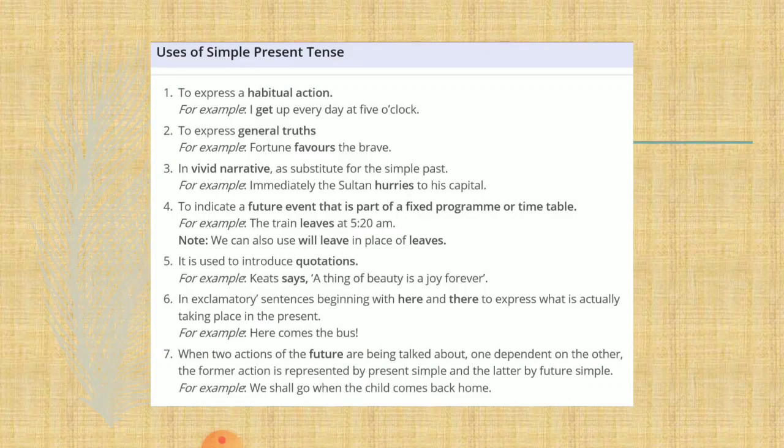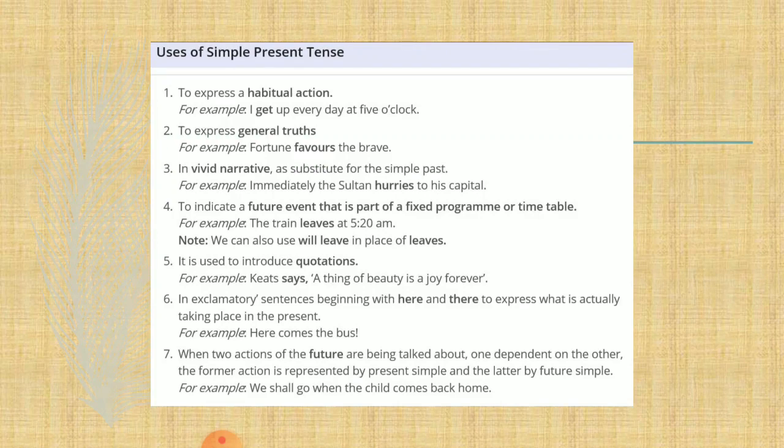Here we have used the simple present: the train leaves at 5:20 am. We can also say the train will leave at 5:20 am, or the train is leaving at 5:20 am, or the train will be leaving at 5:20 am, because all are depicting the fixed program.